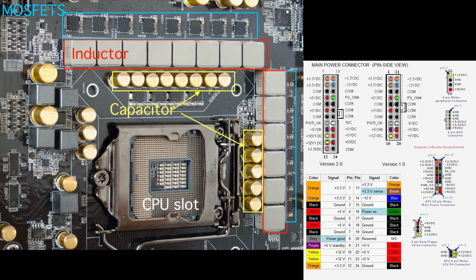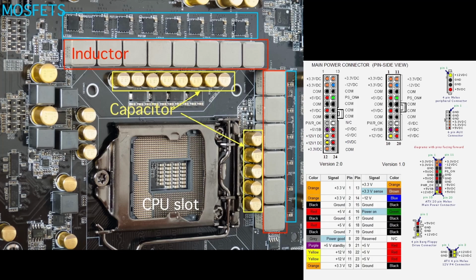The capacitors help with voltage regulation. So when the voltage increases beyond the level, it gobbles a little extra voltage up, and then when the voltage decreases, it adds additional voltage into the circuit.